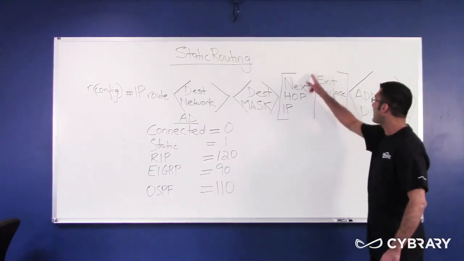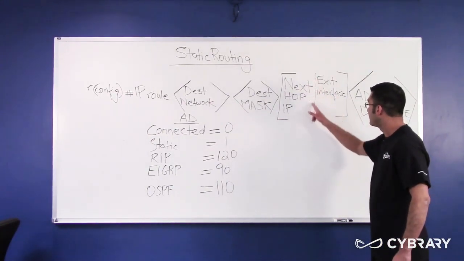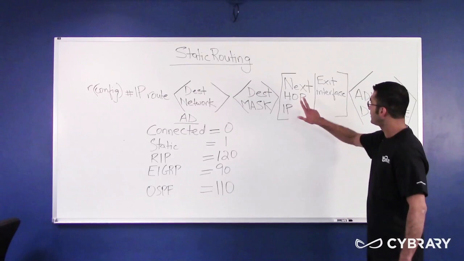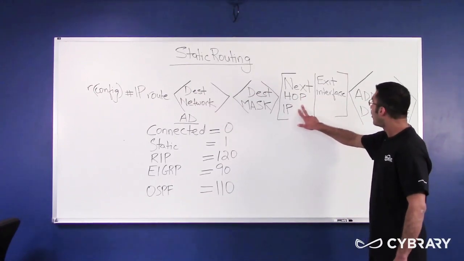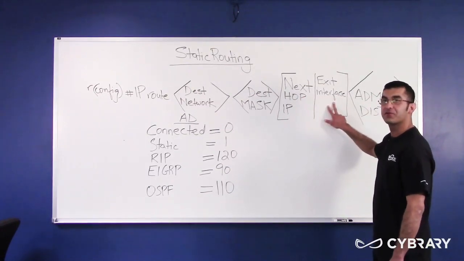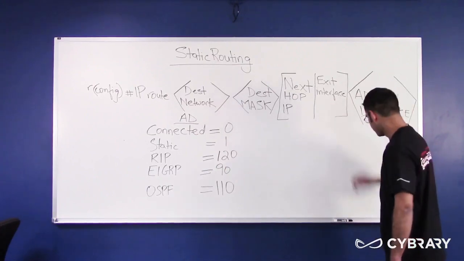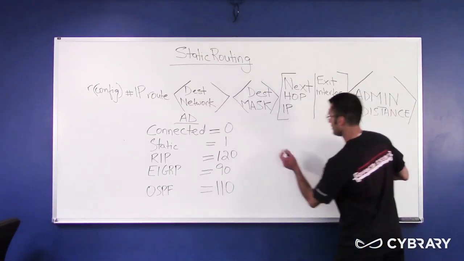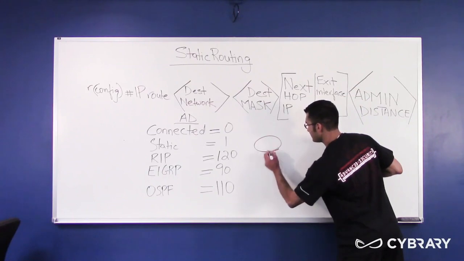This little line in Cisco language means the word "or". So you could either type in the next hop IP or the exit interface of your local router. Let me just draw a little diagram here to explain this better.